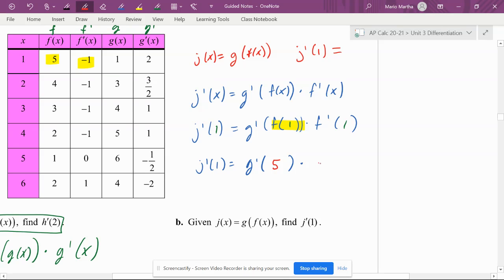So times negative 1. And then the last thing you want to do right there, you can have g prime of 5. So find that one. So g prime of 5 is negative 1 half down here. So negative 1 half times negative 1 equals positive 1 half. And that would be pretty much our j prime of 1.